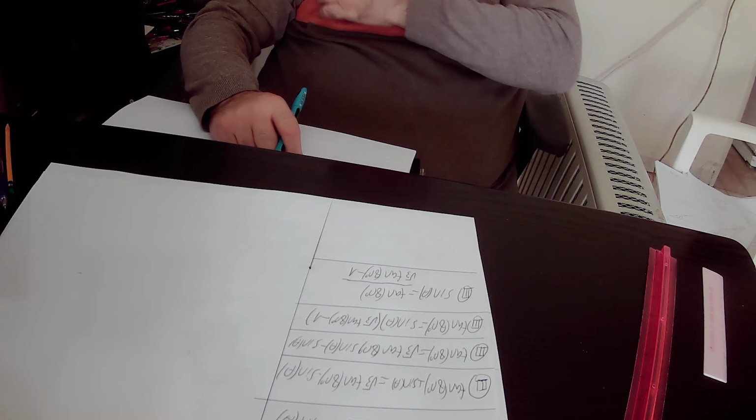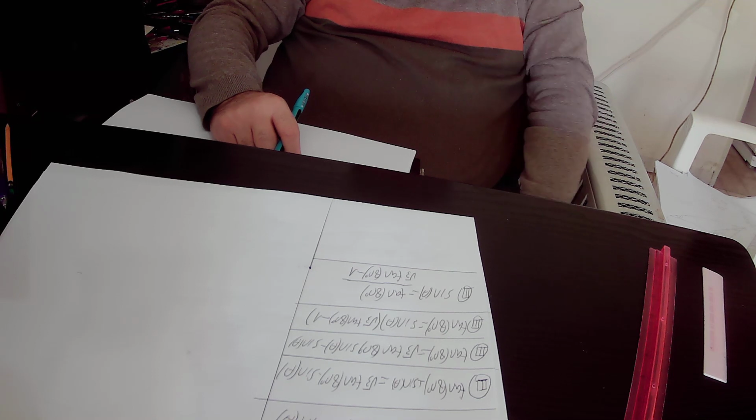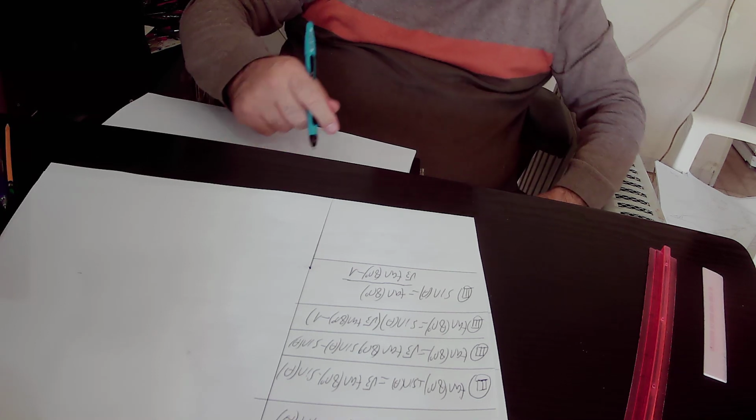So we substitute tangent 80 degrees by sinus 80 degrees over cosine 80 degrees.